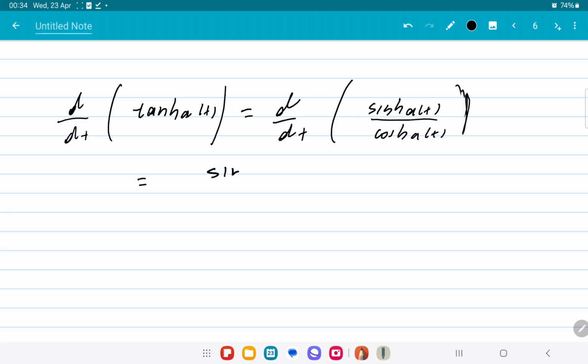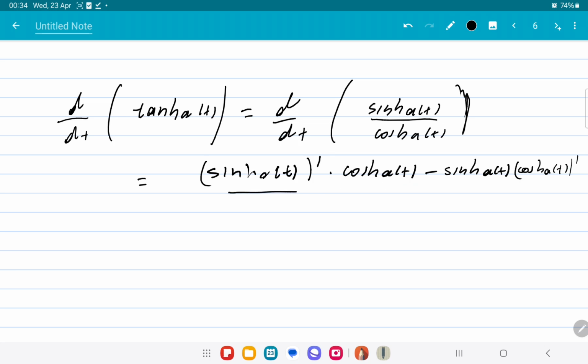So it's going to be the derivative of the numerator times the denominator, minus the numerator times the derivative of the denominator, and divide by the denominator raised to the power of 2.